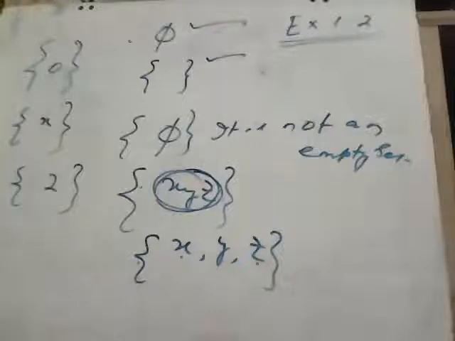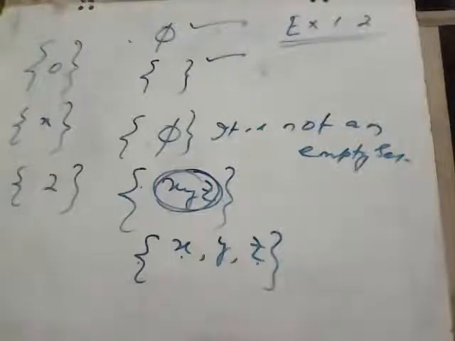First, which of the following are examples of the null set? Null set is the same as empty set. Set of all natural numbers divisible by 2. Is there any natural number present which is divisible by 2?